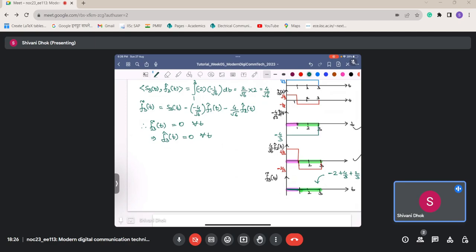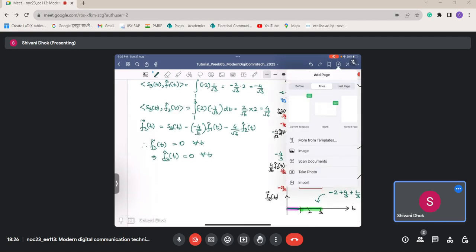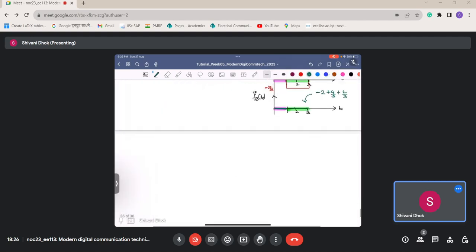Okay, now we are left with the last thing that we need to do, and that is, okay, let me add a page. Yeah, and now we need to look at the fourth thing, that is f4 tilde of t. That is the fourth basis that we need to look at.